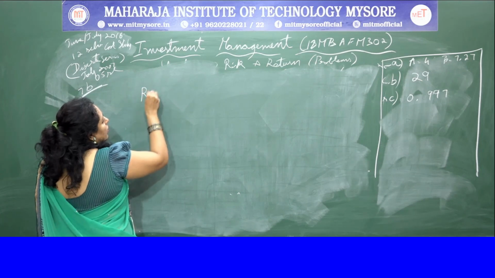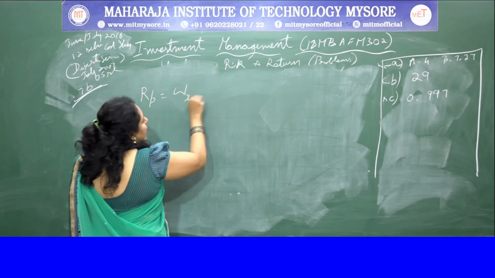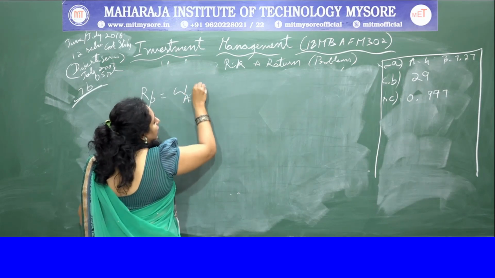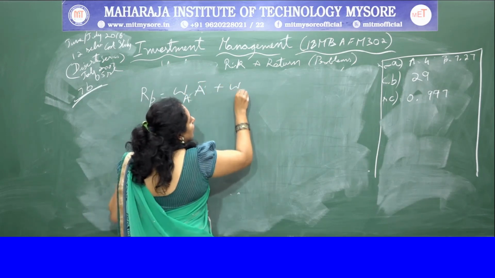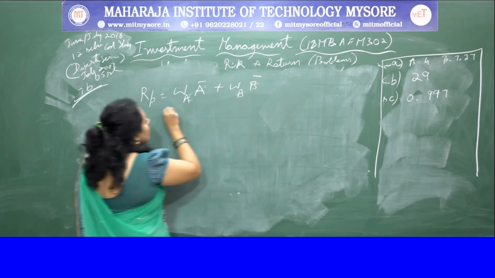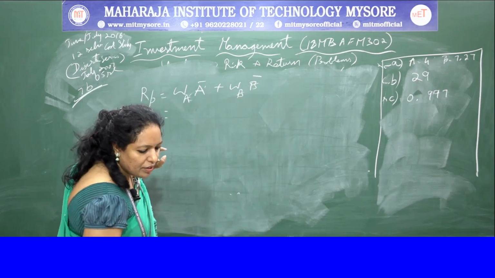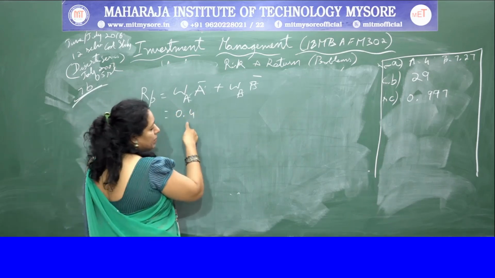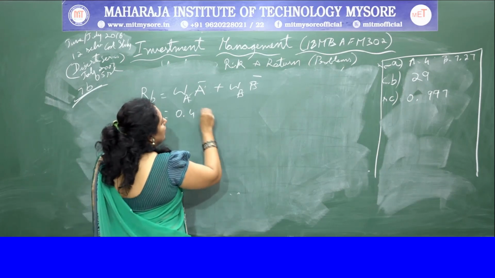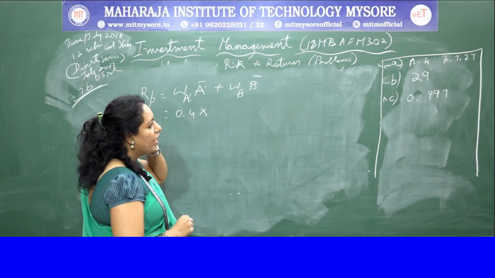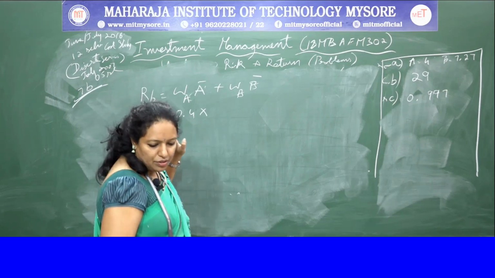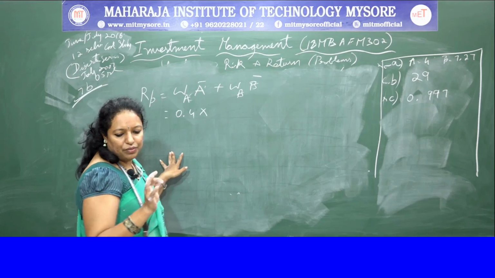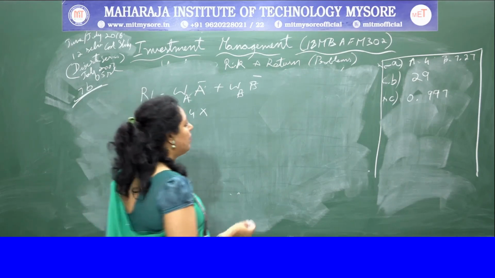Portfolio, return on portfolio. So weight A into A bar plus weight B into B bar. The weights they have given are 40 and 60. So 0.4, 40%. A bar we have not written. As we remember, it is 13, 14.